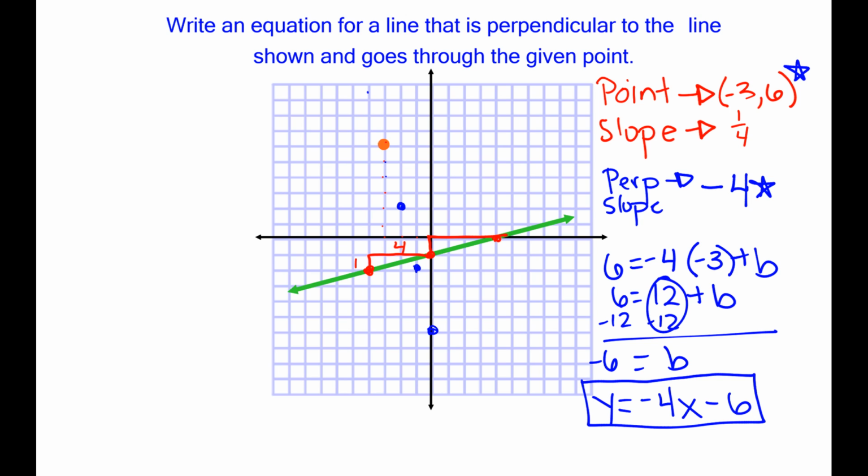See how this line has the y-intercept here of negative 6, just like we said, and this right here is forming a right angle. So they're perpendicular lines. The blue and the green one are perpendicular.